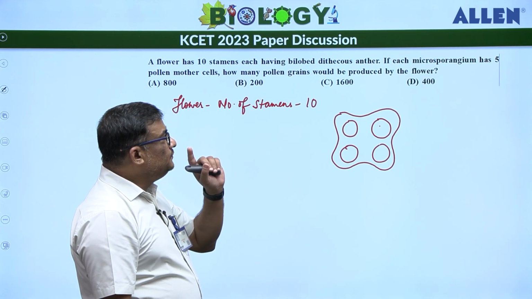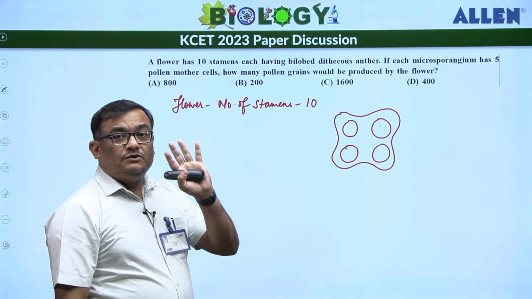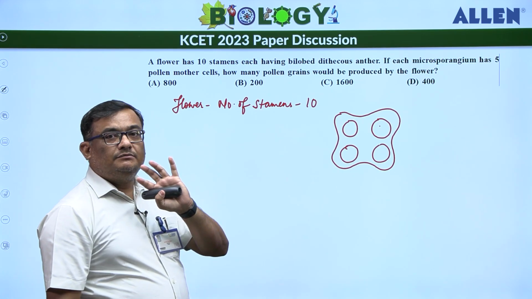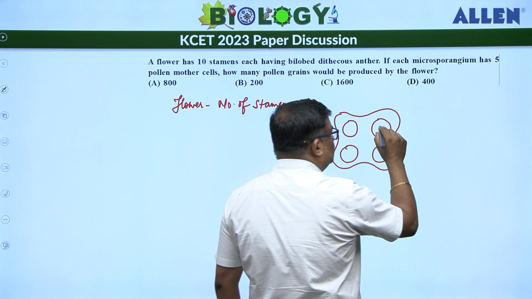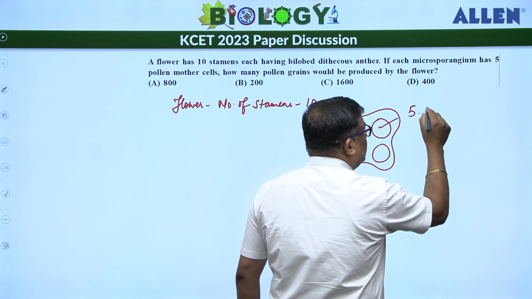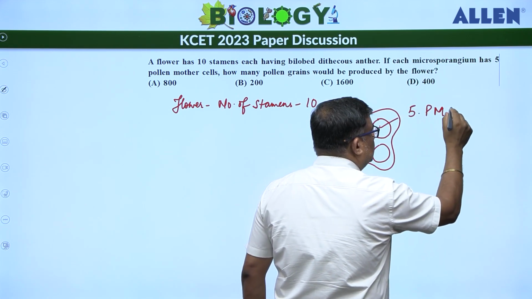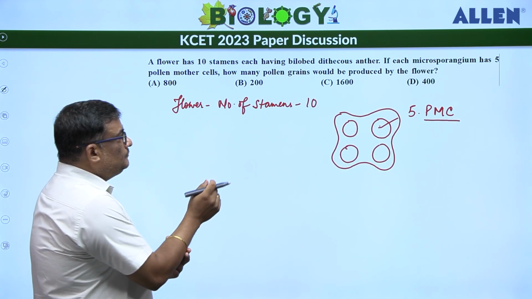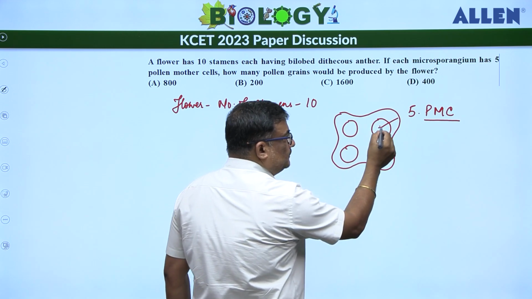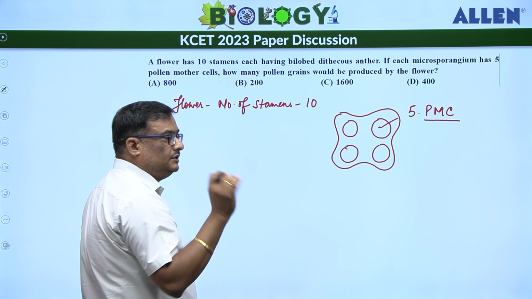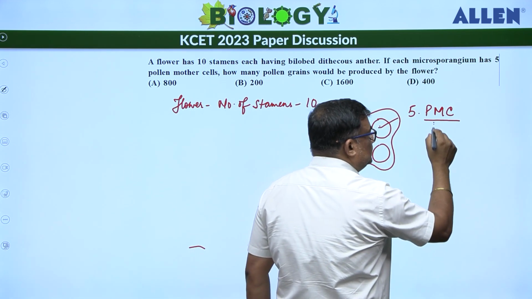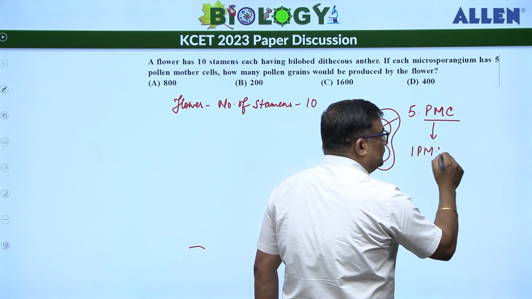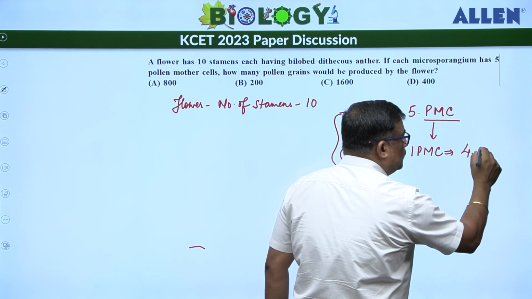And you know that in case of every dithecous bilobed anther, there are going to be 4 microsporangia. They have 5 pollen mother cells. So inside each one of them you have 5 pollen mother cells, PMC. Now look at this. In each one of them 5 is there, 5 into 4. Now, 1 pollen mother cell gives rise to 4 pollen grains.